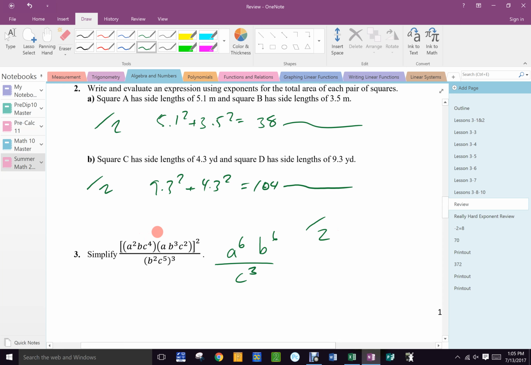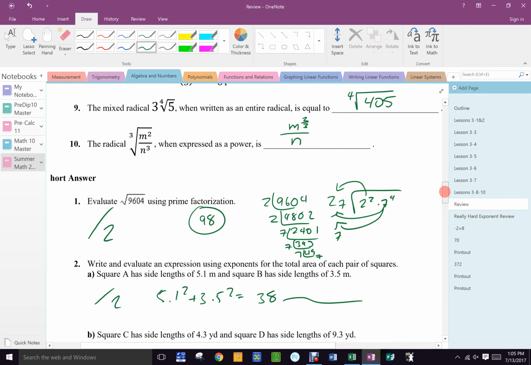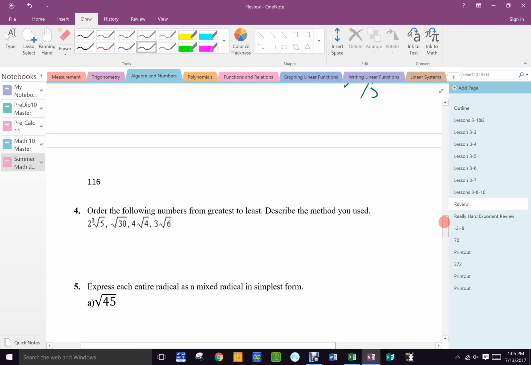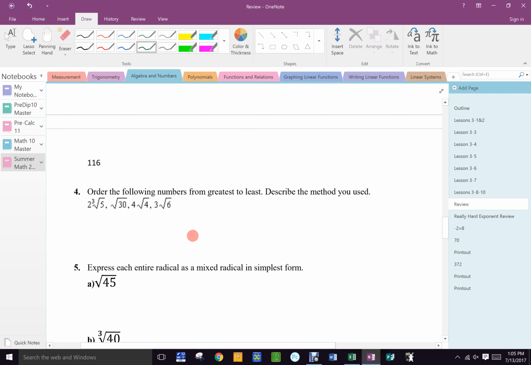That is, oh wait, yeah, I think I screwed up. Yeah, that should be b to the 4th. 4th times 2 is 8. Yes, that should be b squared. Whole page is out of 2, 4, 6, 8, and 7 is 15. 15, that's what the man said.